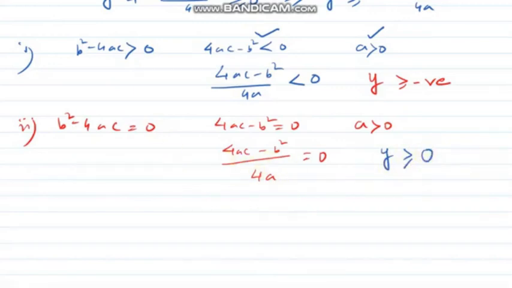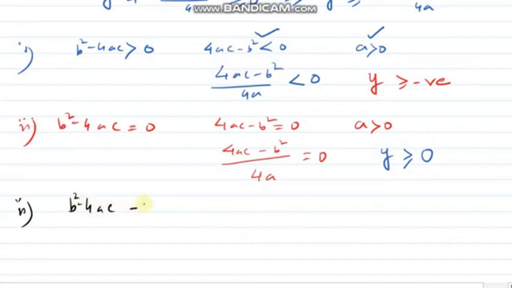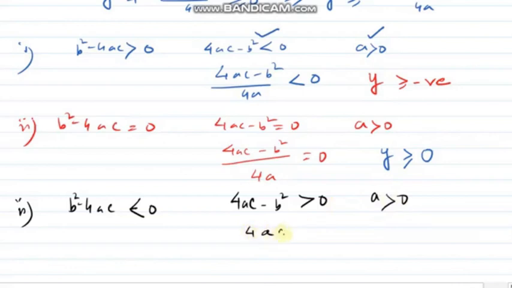And my last case over here, if my b square minus 4ac is less than 0, it means 4ac minus b square is greater than 0, and a is greater than 0. So if I divide 4ac minus b square by 4a, that will be greater than 0.